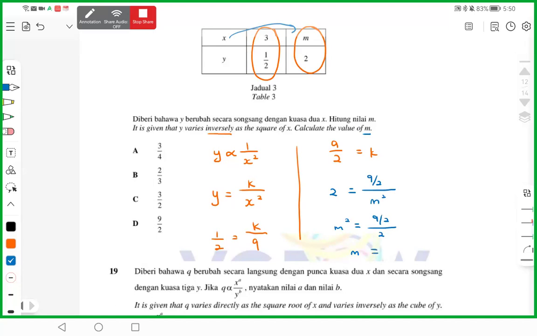So it will be the square root of 9 over 4. Oh, 3 over 2. Then that's the answer. Okay, my bad, I can't see it. Yeah, 3 over 2.